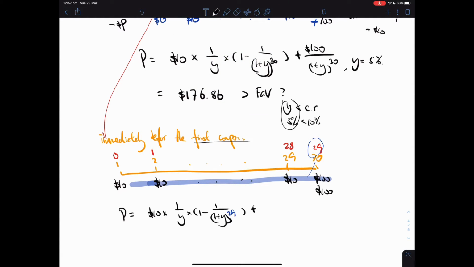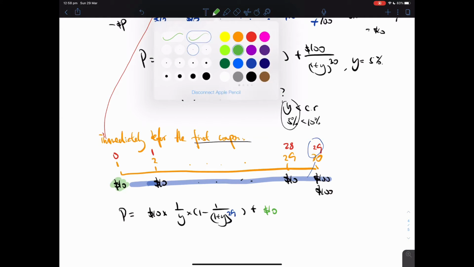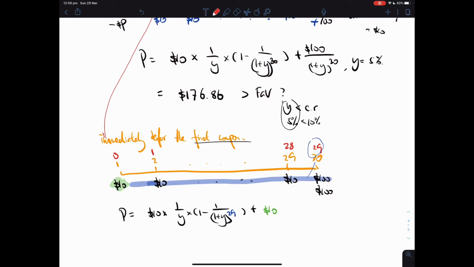Plus, of course, you have a payment at time 0. You're about to receive it. You haven't received it just yet, so we shouldn't forget about it. And of course, very important, you have $100 at the end, and that's 29 as well, because that's 29 periods.